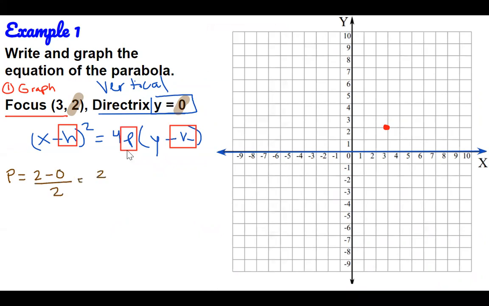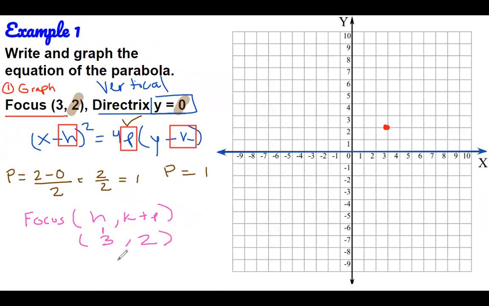Now, next item that we're missing is all what? H and K. Now, our focus represents, let me do this in a different color. Let me do it in pink. So my focus is 3 and 2. So what does h represent? 3.